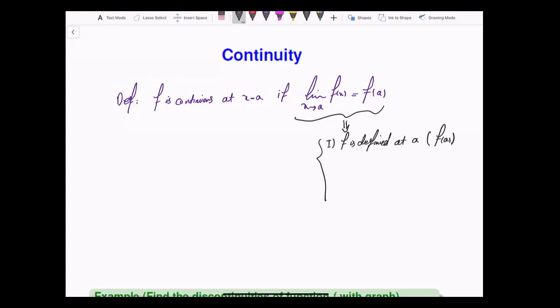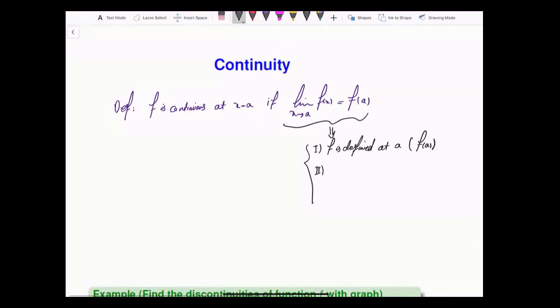So we have a value of f at A. The second thing says that the limit of the function as x approaches A exists and is equal to a number like L. The third thing is that L, the limit, is equal to the value of the function.